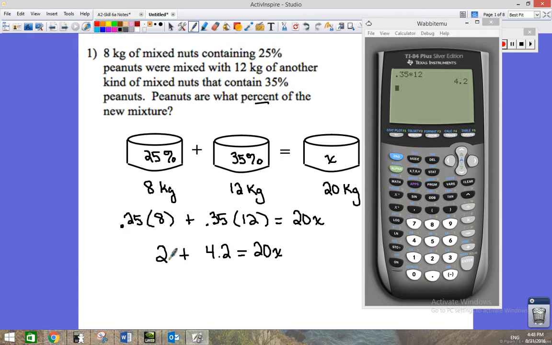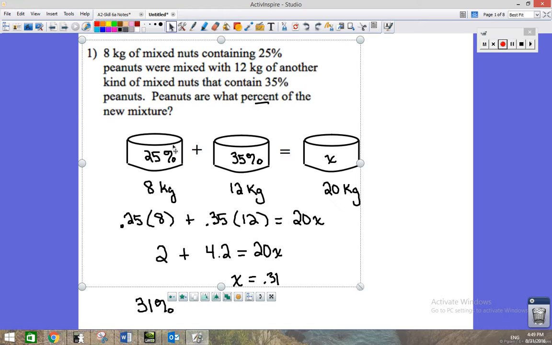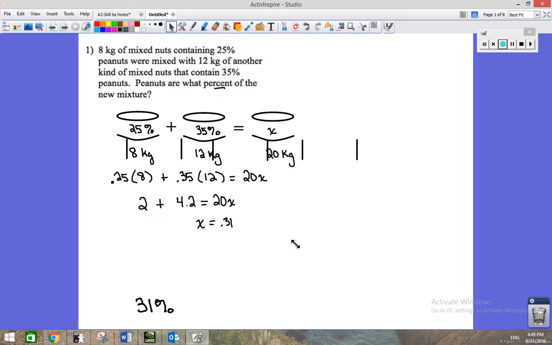So on the left hand side we have 2 plus 4.2, which we know is going to be 6.2, and let's divide by 20. So we know that x is equal to 0.31, and as a percent, 31% is our final answer, that the new mixture is 31% peanuts.